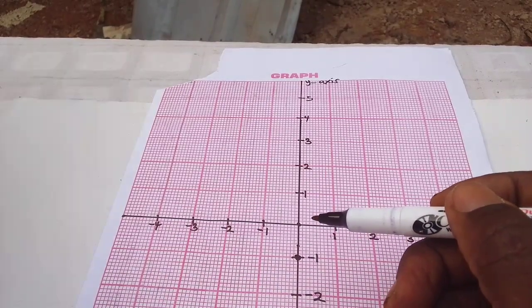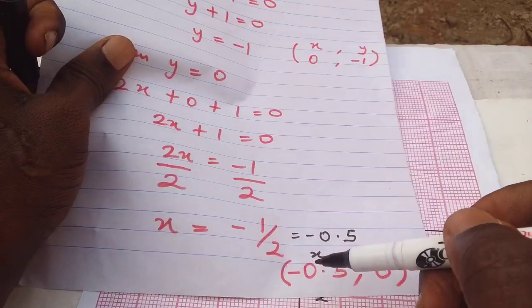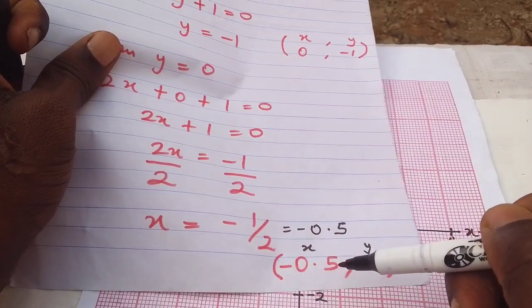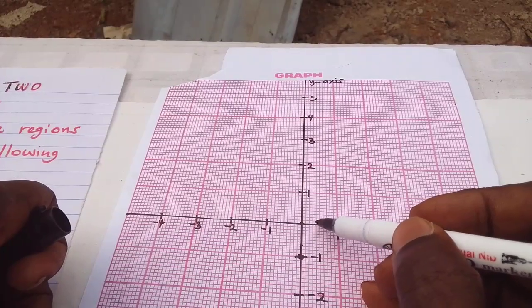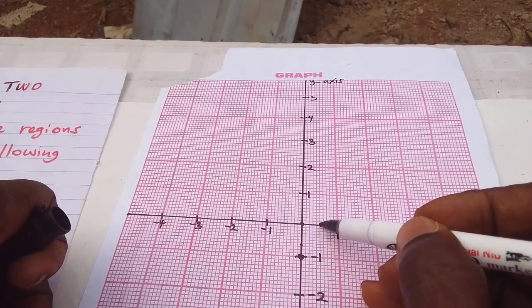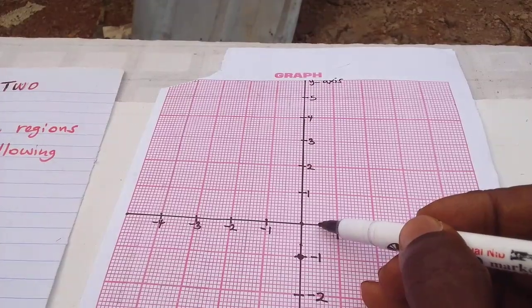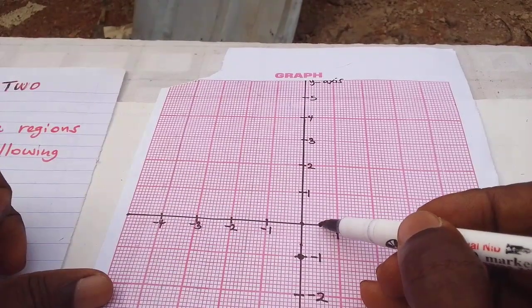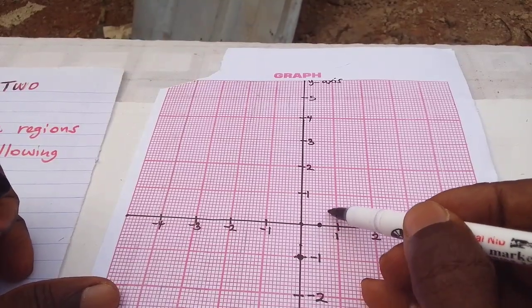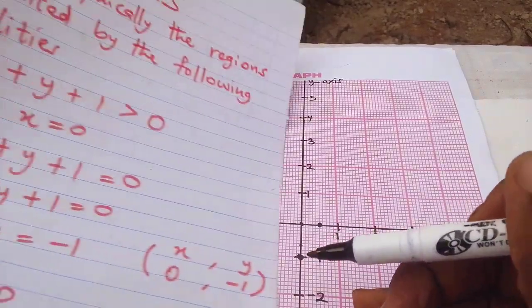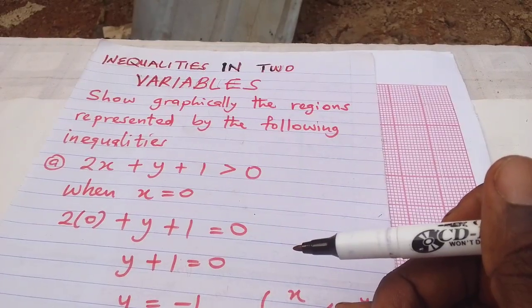Then the other one, when x is minus 0.5, y is 0. So this is x equals minus 0.5, and y is 0 at this point. You mark it. These 2 points you join together to form a straight line.